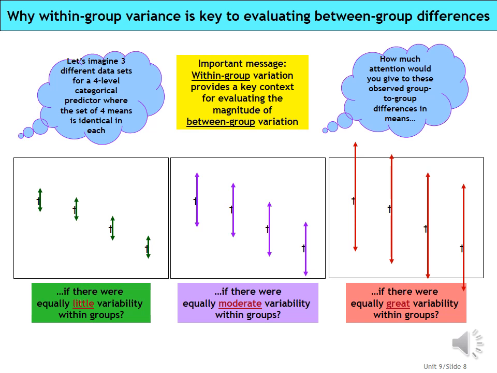This is the context that's going to change the results, even with the same means. For more variation within groups, the analysis of variance is not going to produce, in this case, a statistically significant difference.